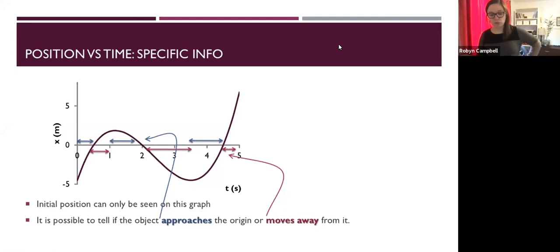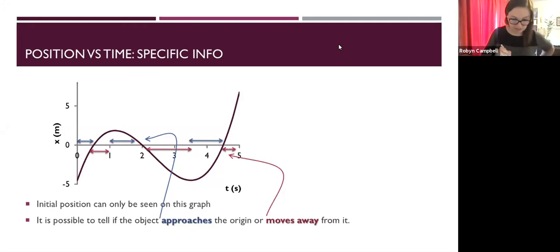object approaches the origin or moves away from it, we can kind of talk ourselves through it, and I highly recommend that you talk yourself through the position time graph as time goes on. Okay, so for example, we start at -5, and then as time starts, we are heading towards the origin, right? As time goes on, our x coordinate is increasing, right?